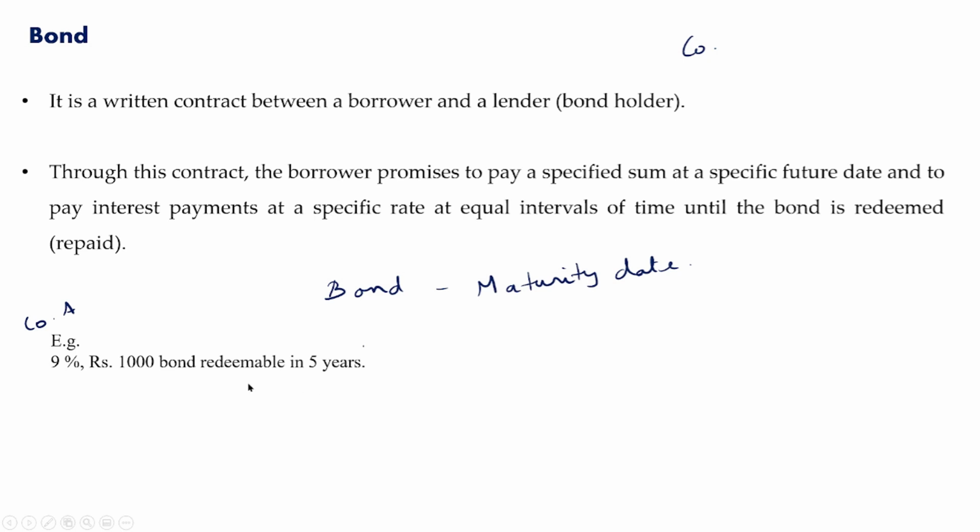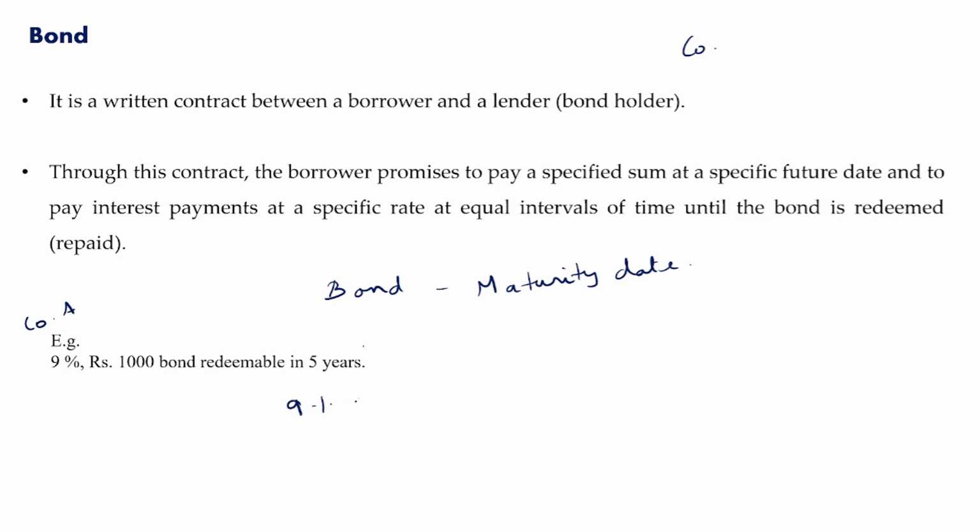In addition to repaying this amount, the company should also pay interest payments. The interest payments are given by this rate, which is called the coupon rate. Here the 9% is called the coupon rate, and the coupon payment is 9% of this rupees 1000.